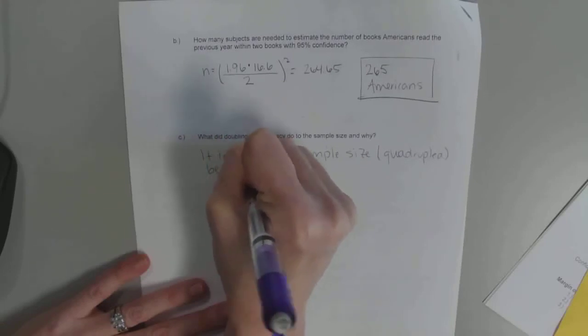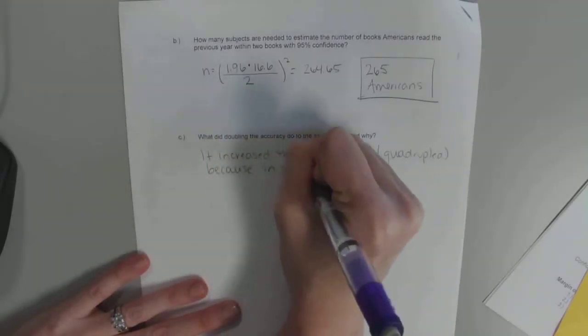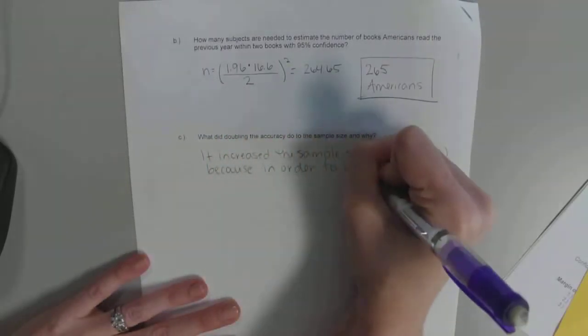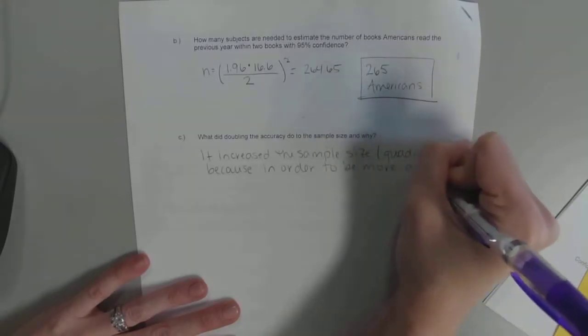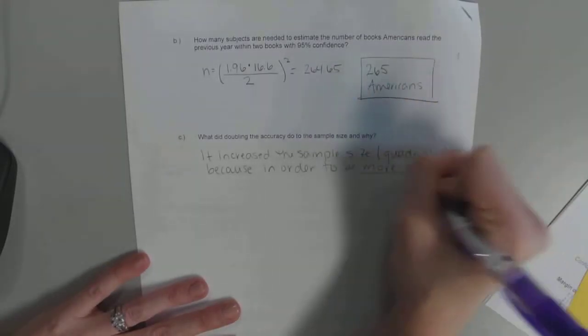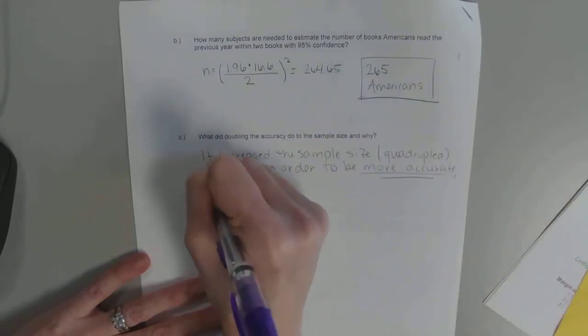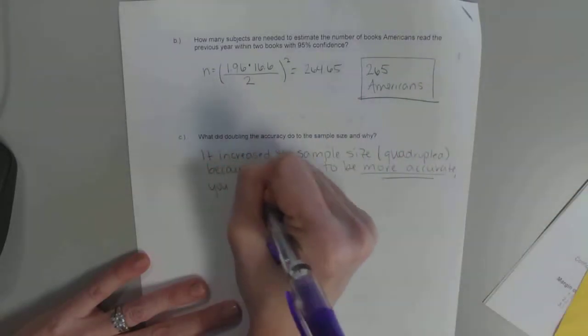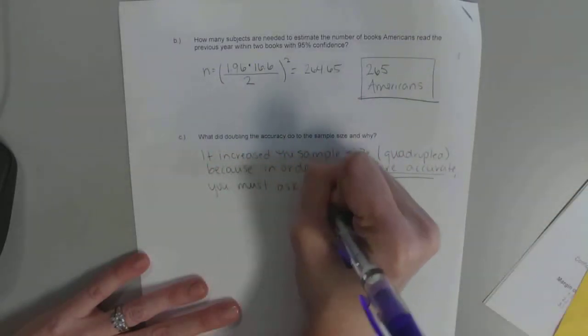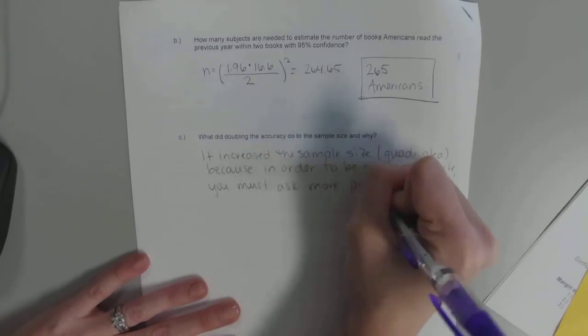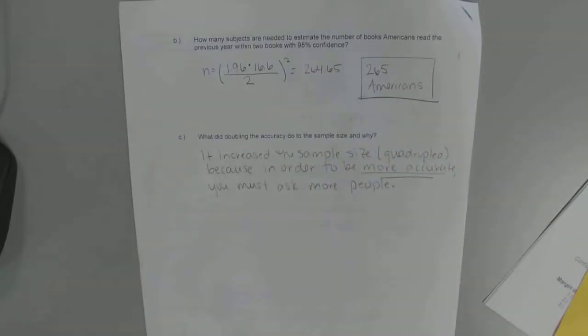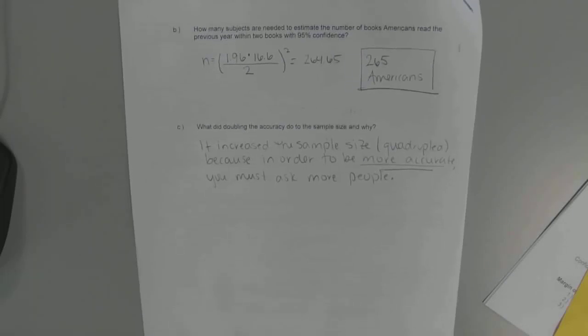Because in order to be more accurate, you must ask more people. So if we want to be within 2 books of the true mean, we'll have to make sure we ask more people, aka increase your sample size.